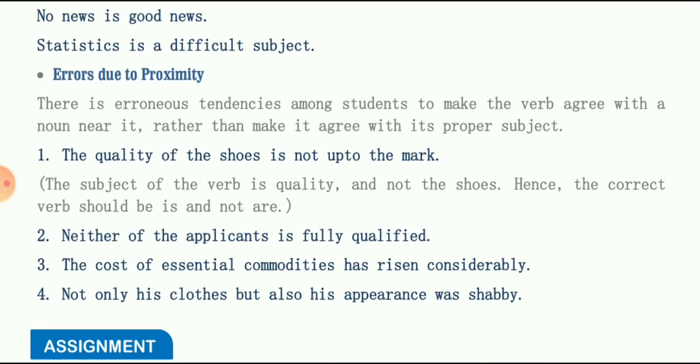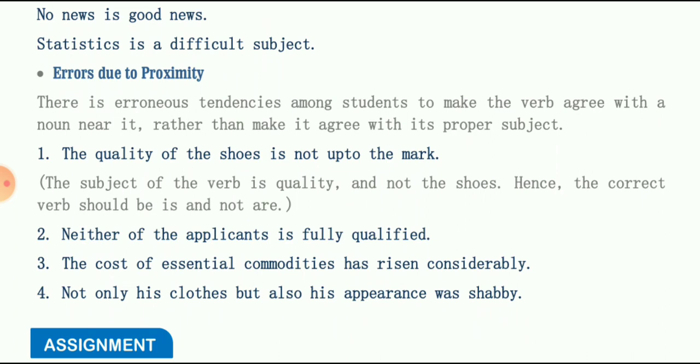Other examples: neither of the applicants is. Applicants is plural, but the subject is neither, and neither is singular, that's why "is". The cost of essential commodities has. Commodities is plural, but the subject is the cost, that's why "has" will be put. Not only his clothes but also his appearance.